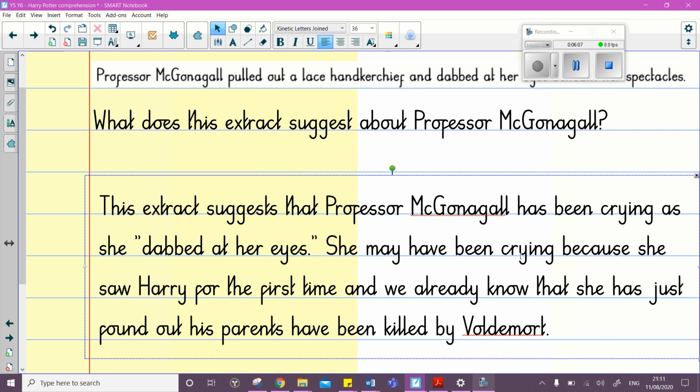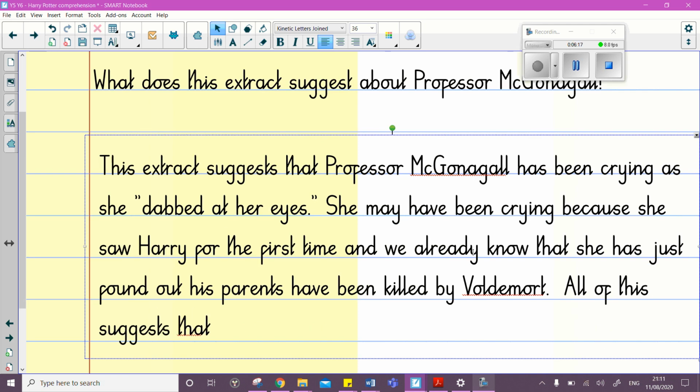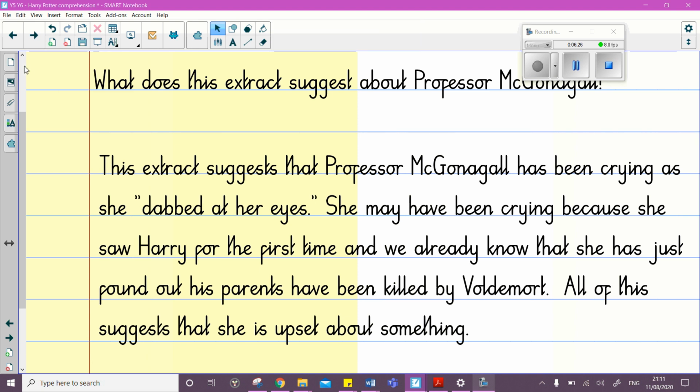That is me making an inference. I can also add in that it suggests that she's upset. So all of this suggests that she is upset about something. You don't necessarily know exactly what, but she's upset about something.